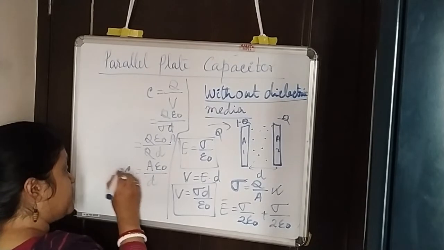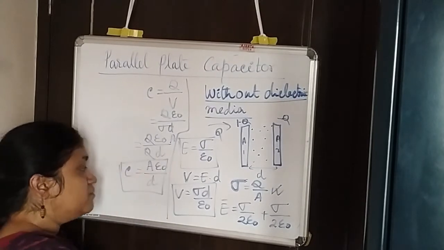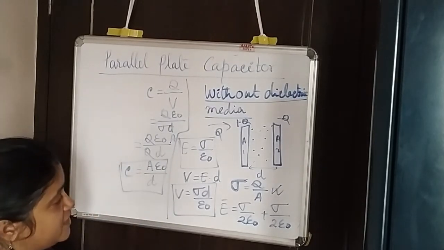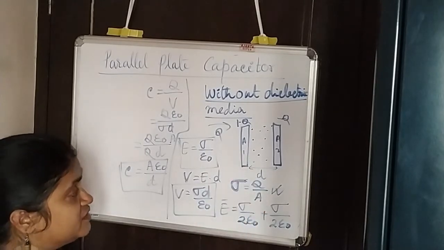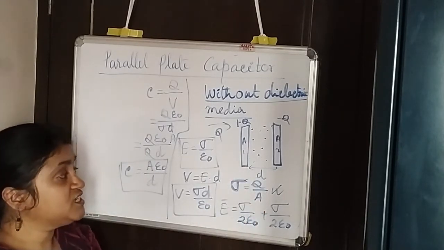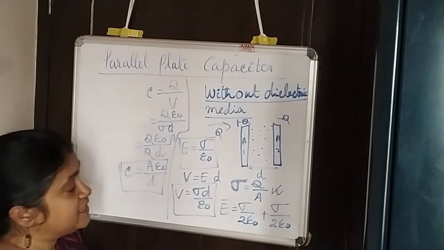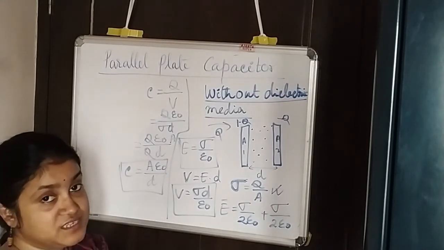So this is the capacitance for a parallel plate capacitor with air inside, which has a dielectric constant K equal to 1.